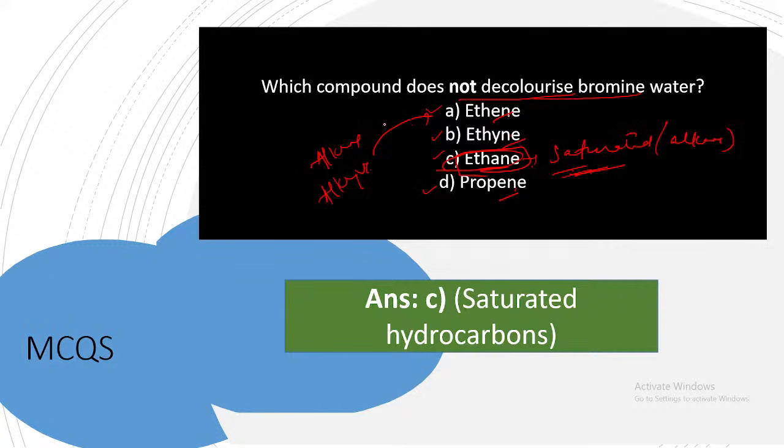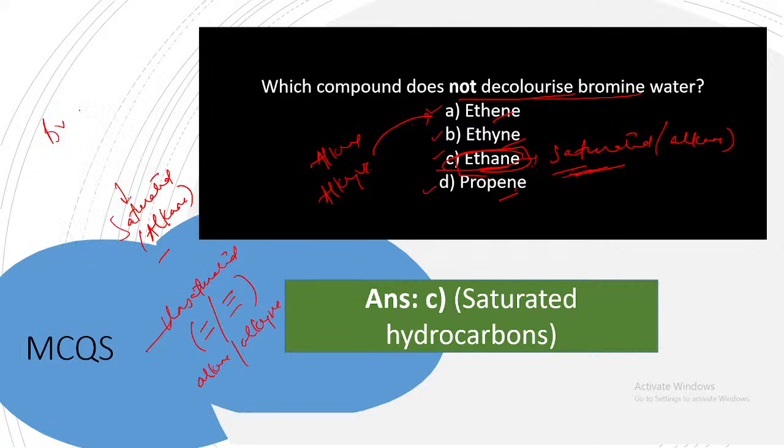Always remember, what do you mean by saturated compounds? That is the alkanes, the ones having single bonds. Unsaturated means the ones having a double bond or triple bond, that is alkene or alkyne. When you add an unsaturated compound to bromine water, the color changes.